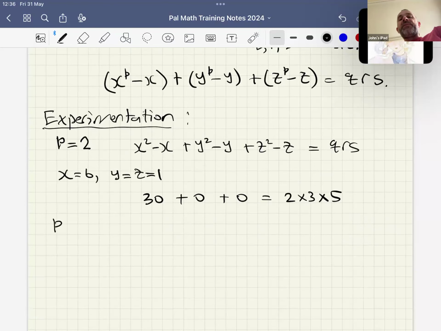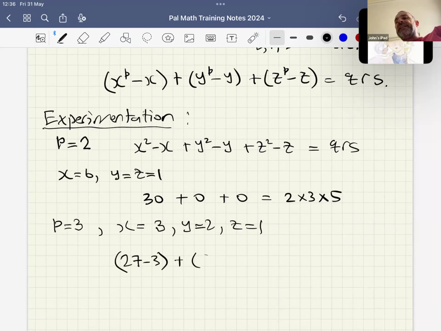We can do the same thing with p equals 3. In this case, you take x equals 3, y equals 2, and z equals 1, because you're going to get 27 minus 3 plus 8 minus 2 plus 0, when z cubed minus z is 0.